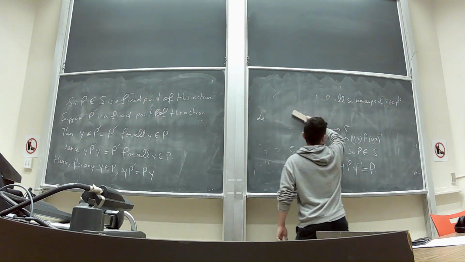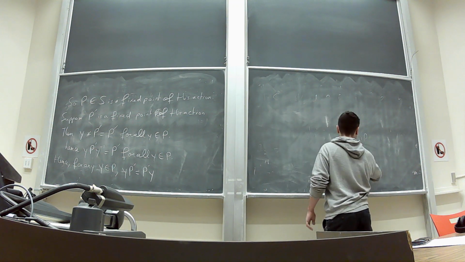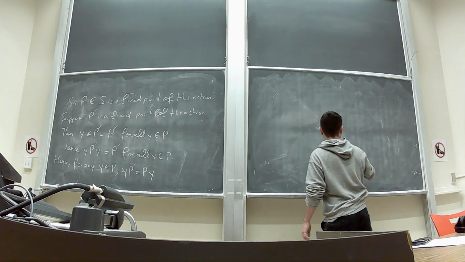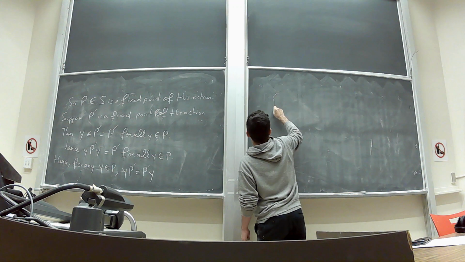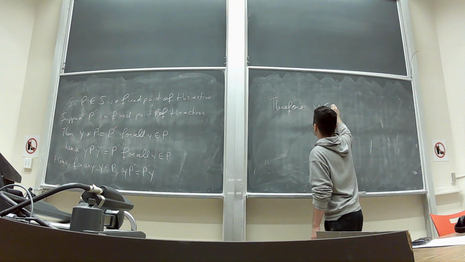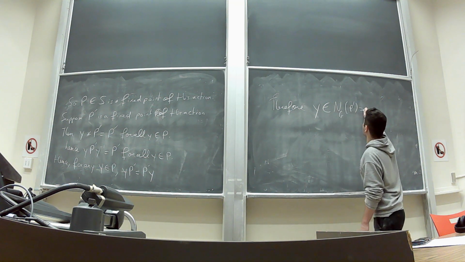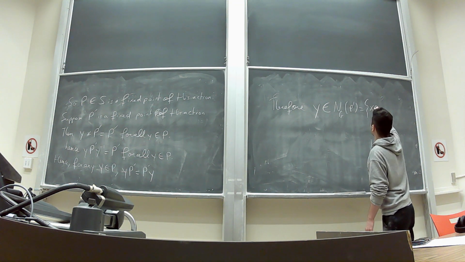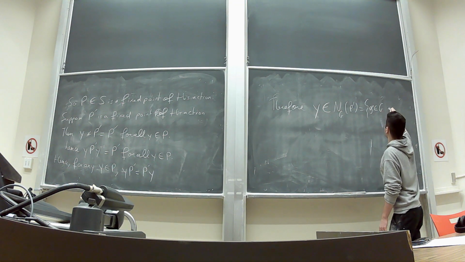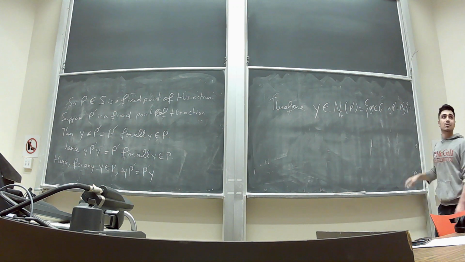Therefore, y belongs to the normalizer in G of P prime, which is the set of g in G such that gP' is equal to P'g.